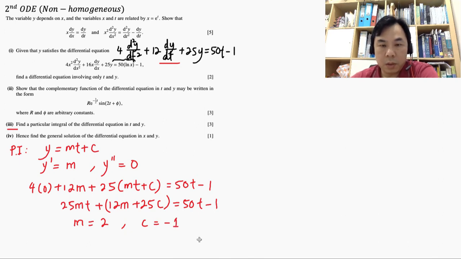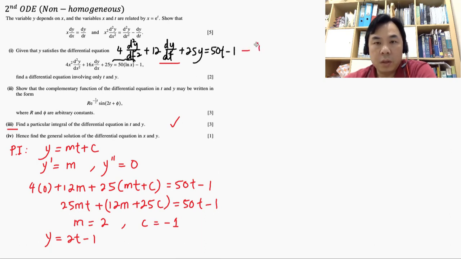Okay, just let me finalize it to check whether that is correct. So this is 24, -25c is equal to -1. Now for that we can write down our particular integral in this form. Therefore, our particular integral can be written as 2t minus 1. Now, that is our particular integral for the equation given here.